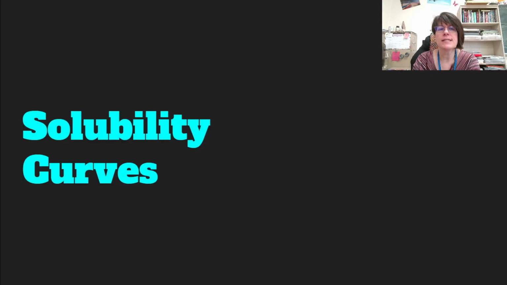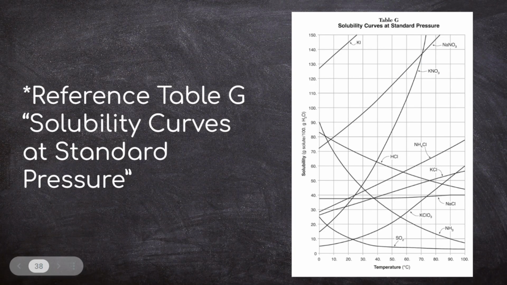Now let's take a look at solubility curves. You will find a solubility curve in your reference tables. Reference table G, at the top, says solubility curves at standard pressure.